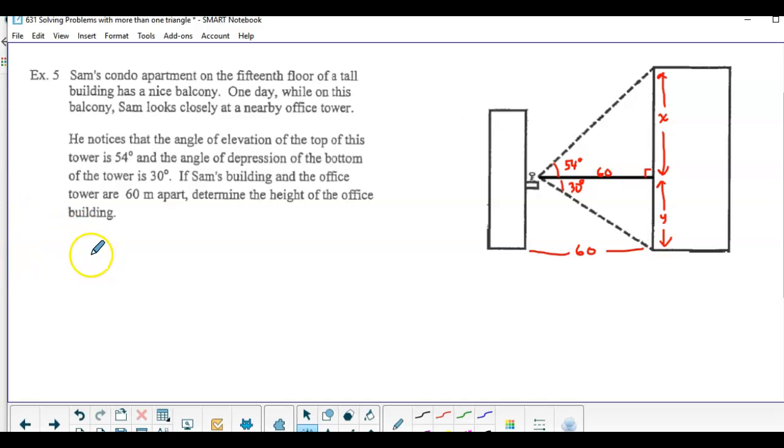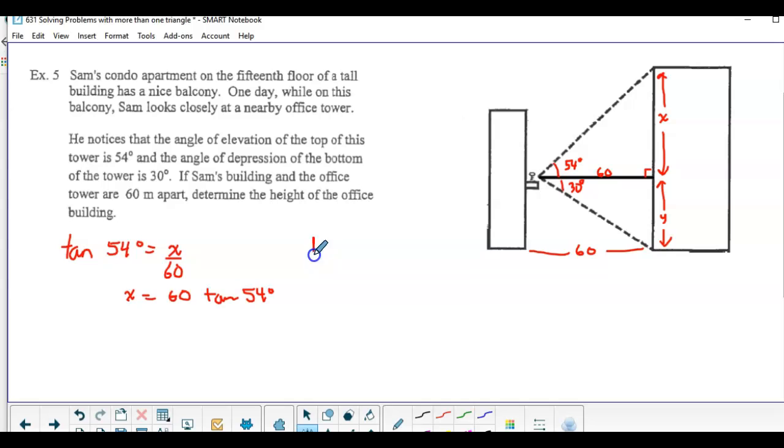So again, we're doing tan. A lot of applications end up using tangent. It's just the way. Really, hypotenuse, we don't have a lot of measurements, and we're often trying to find the hypotenuse. So tan of 54 is equal to X over 60. So X equals 60 tan of 54.